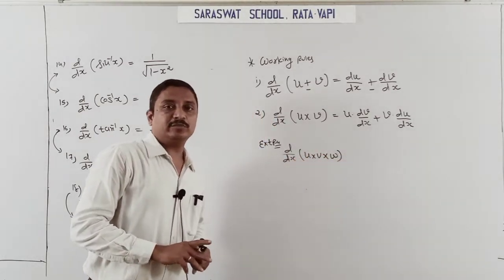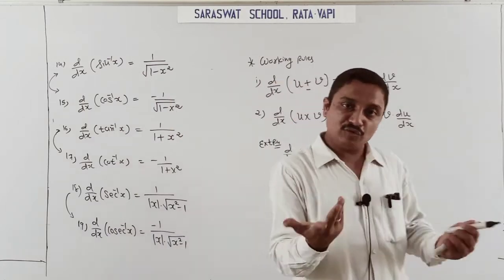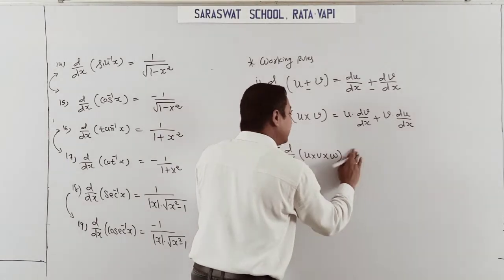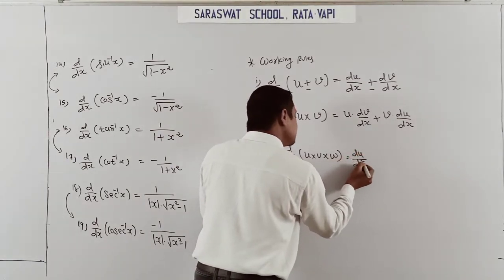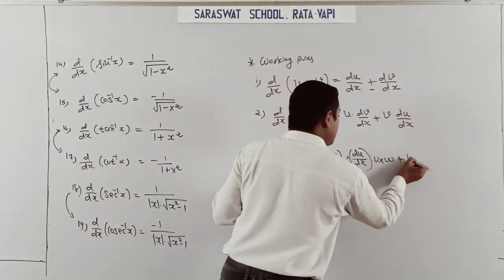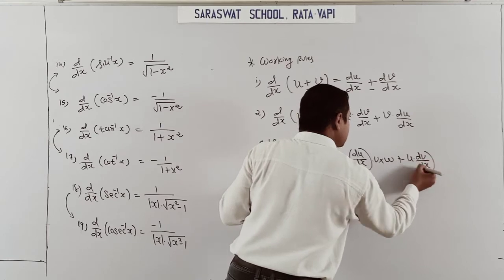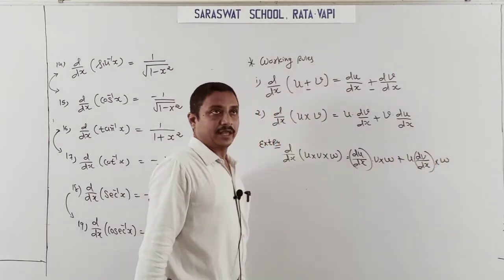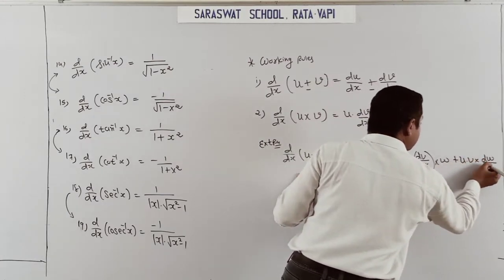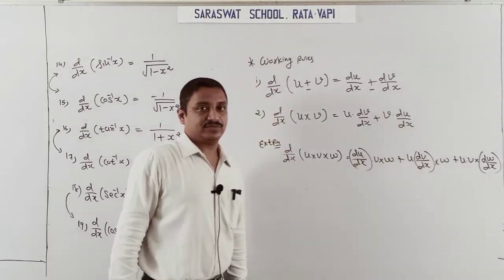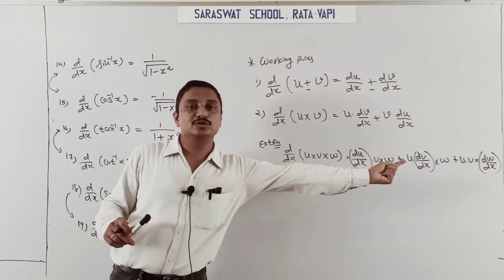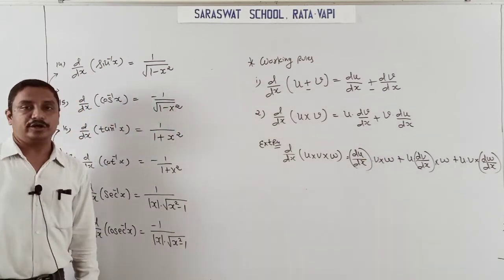It means three functions are given, maybe 4 functions also. If 3 functions are given, then write du by dx into v into w, plus u into dv by dx into w, and last u into v into dw by dx, the derivative of our last function. So if 3 different functions are given, you follow this rule, which is also called the product rule.